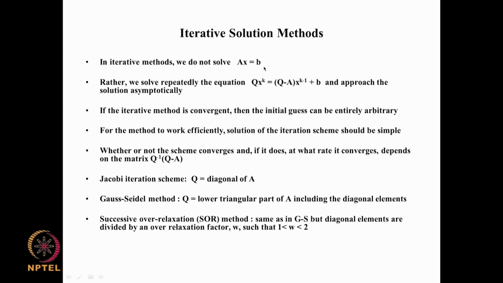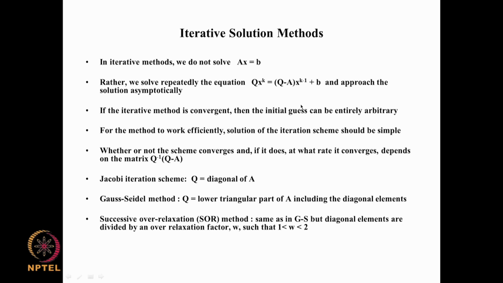So, in that sense we are going a different way of solving this equation, an indirect way, and that too we are solving this equation iteratively many times, and despite this apparently roundabout way of doing this, this actually turns out to be more efficient than Gaussian elimination method or LU decomposition method for a class of problems, and this is very widely used for a number of reasons in CFD type of calculations.